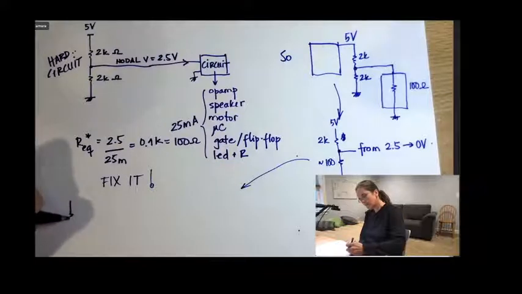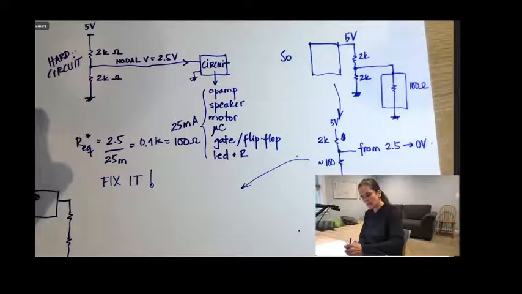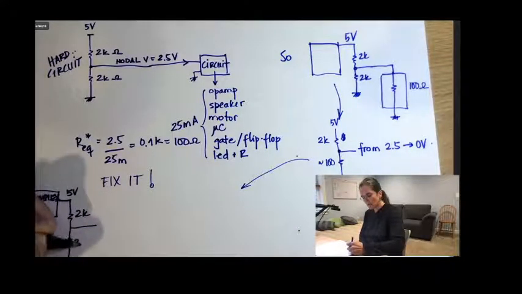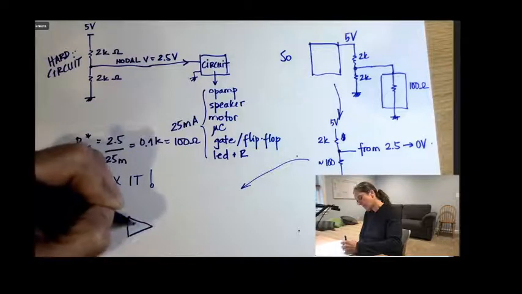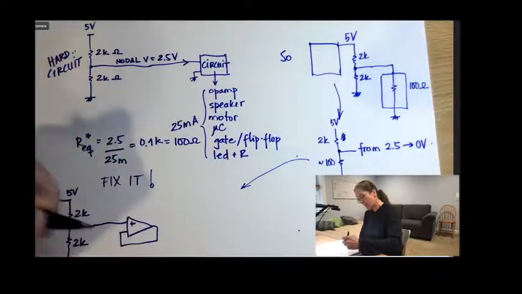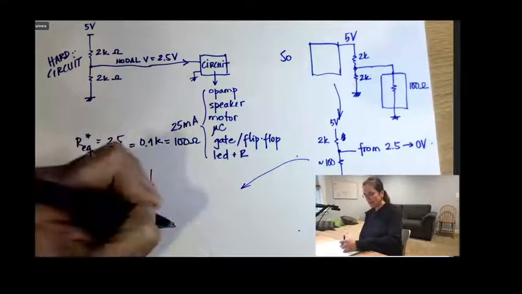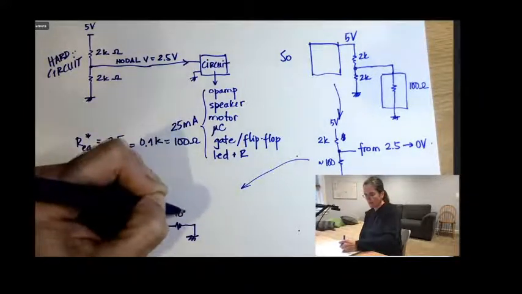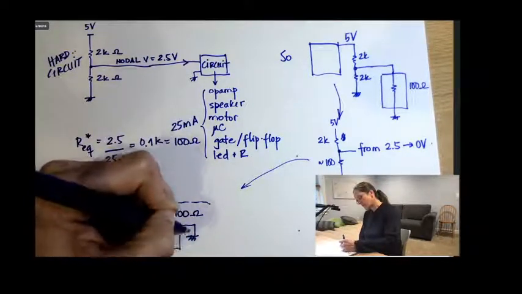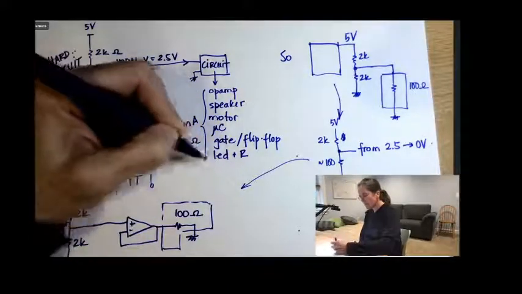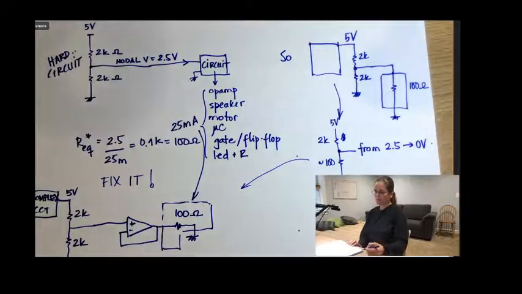So if you have that same circuit, like this 5 volts is coming from a complex circuit, spits out 5 volts here, and then you have 2K, you need to necessarily put this into a buffer, and then you can put 100 ohms here, or any other thing, your microcontroller, your op amp, whatever, any of these, speaker.